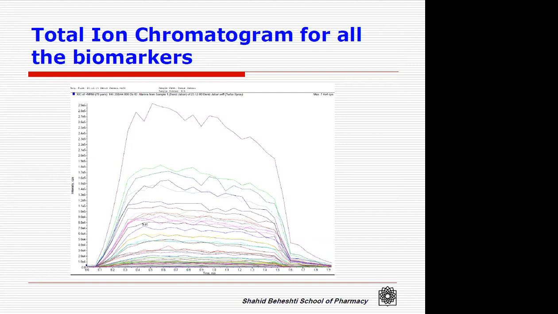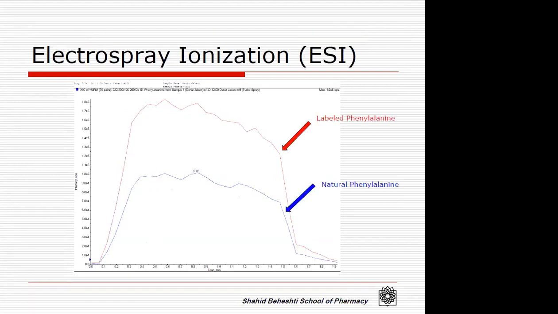If I have the next slide, I can show it better. Over here, I have extracted the signals which are specific for natural phenylalanine and for labeled phenylalanine. The natural phenylalanine, the blue graph, is extracted from the blood spot.